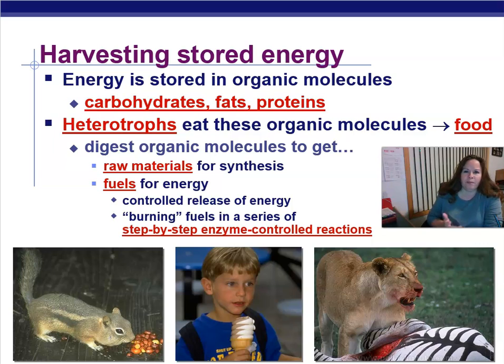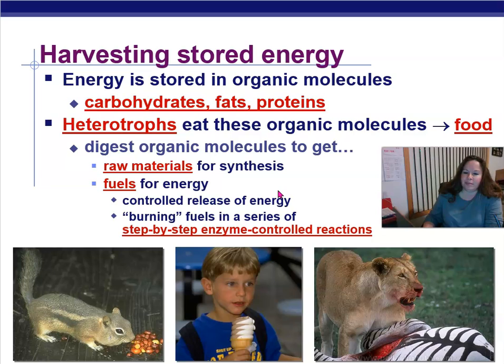So remember, all the foods that you eat, including the carbs, fats, and the proteins, they all contain potential chemical energy. So we eat those foods so that we can have that potential chemical energy. We digest them into their smaller particles, and then those smaller particles can become our raw materials for making ATP.